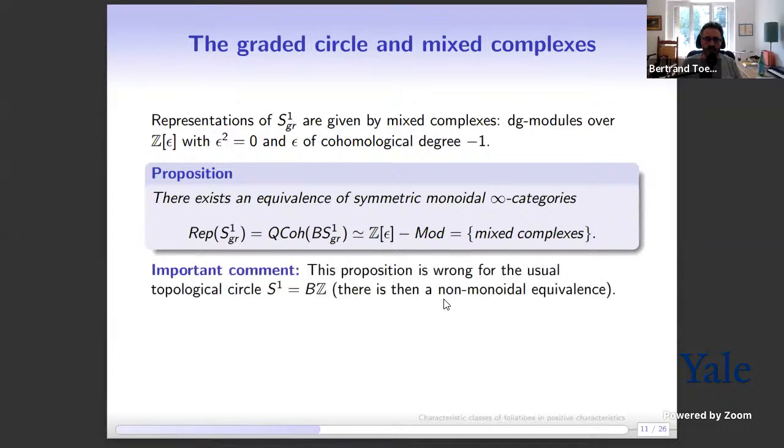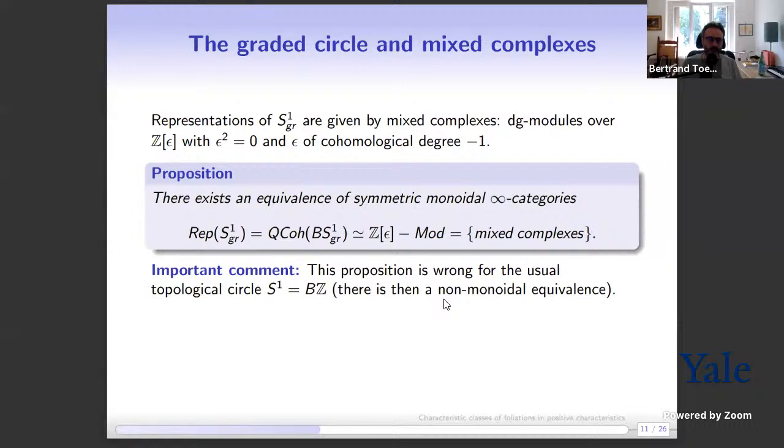And I should say another consequence of the difference with the topological circle is that this proposition is wrong for the usual circle. There is an equivalence, but it's not symmetric monoidal. It's hard to believe, but that's life. There is an equivalence of categories, but the tensor product on representations of the circle and the tensor product of mixed complexes are not the same.